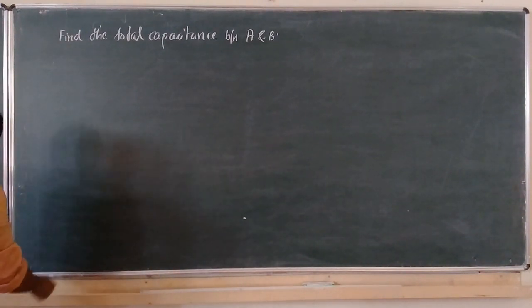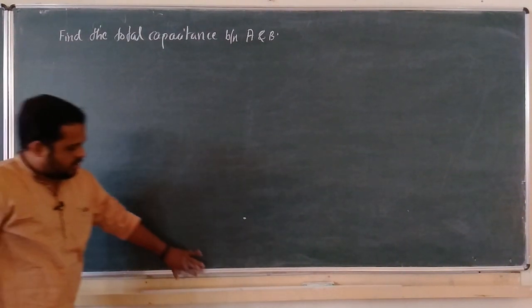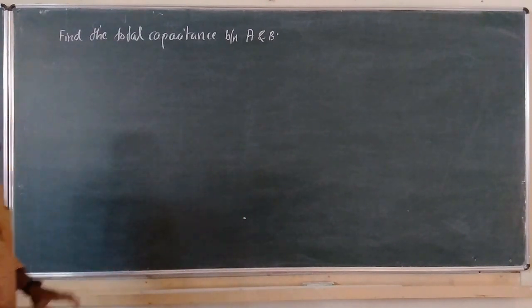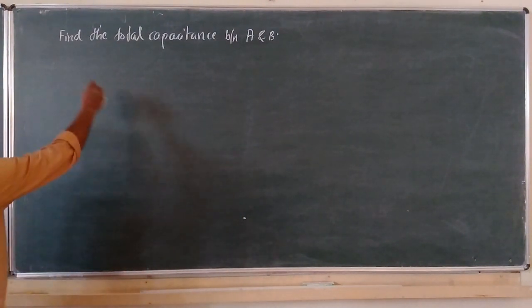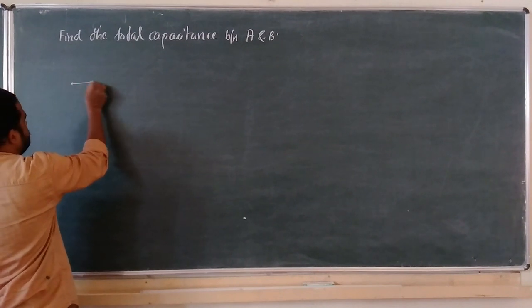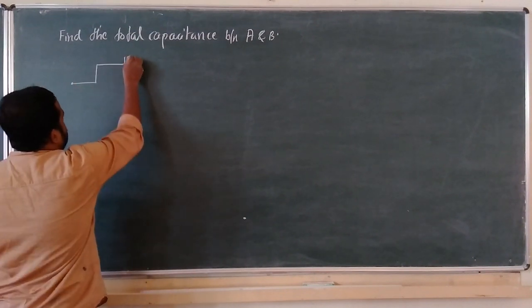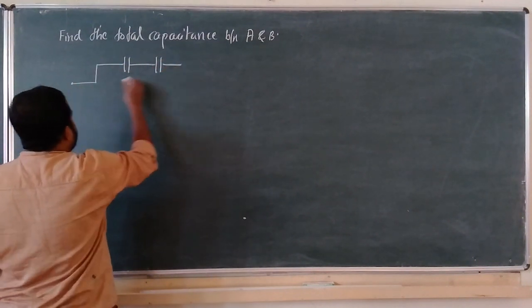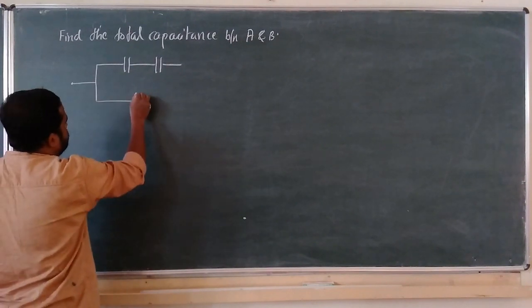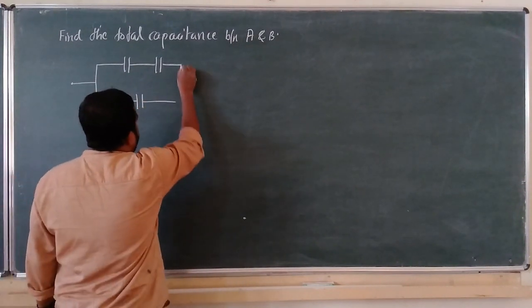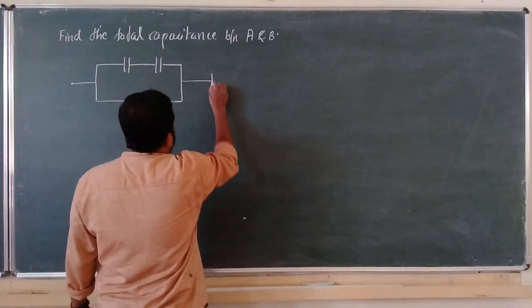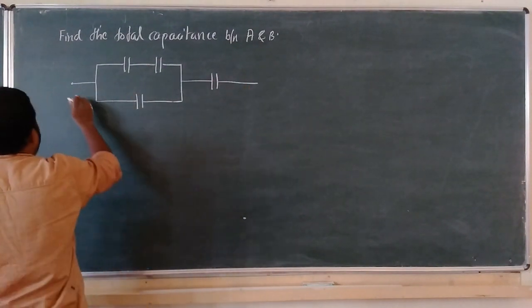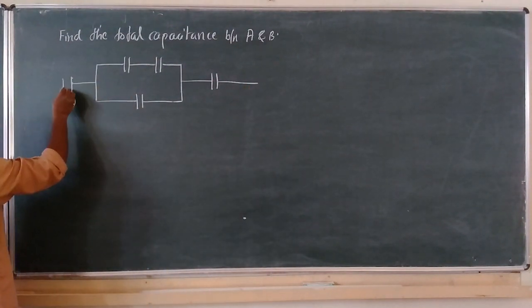A circuit will be given to you. In that circuit, what is the effective capacitance between the 2 points? Let us take this condition. This is called mixed grouping of capacitors.